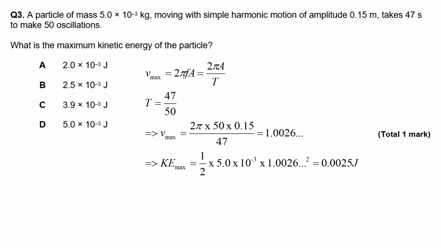So we can plug that in there, and we end up with a Vmax of just over 1 meter per second. And because we know the mass, we can then convert that to maximum kinetic energy, which I reckon is 0.02025 joules, or 2.5 times 10 to the minus 3 joules there. So that would be option B.